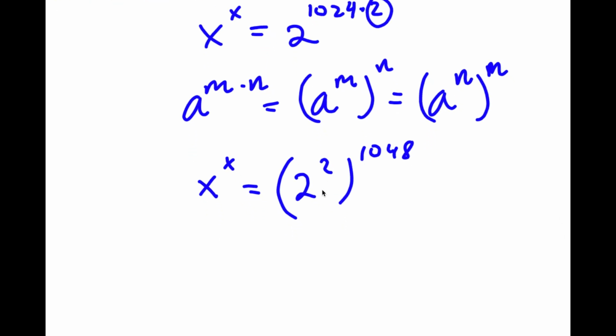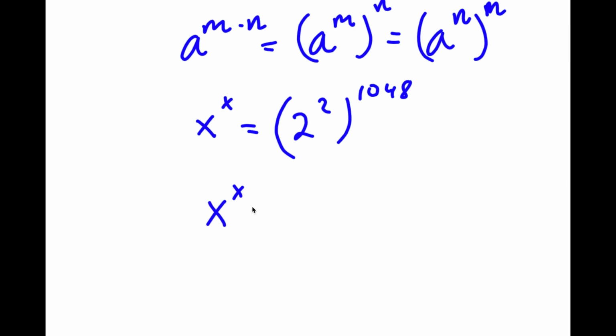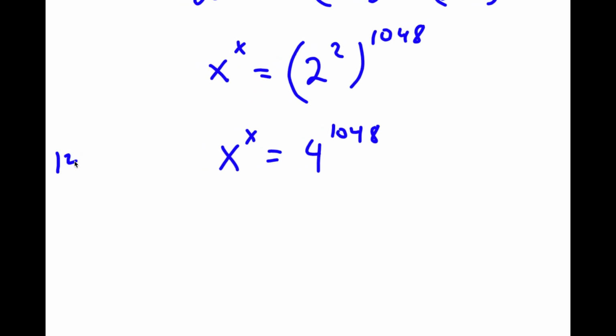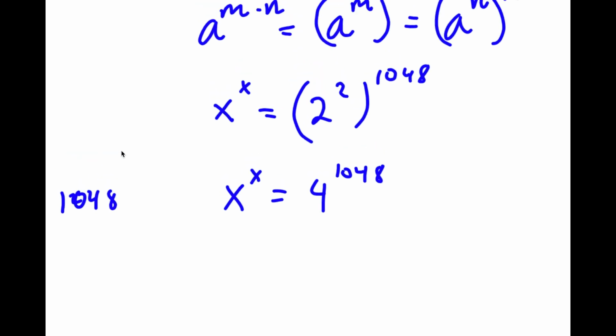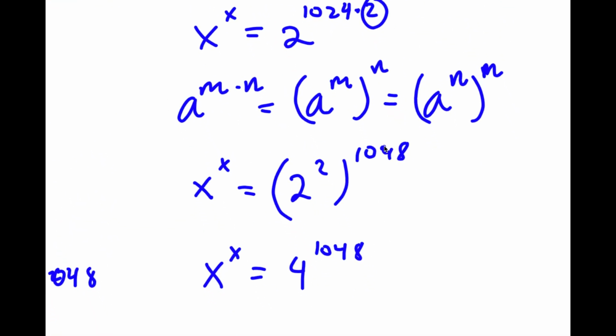Now, as you all probably know, 2 to the power of 2, that's simply equal to 4. So now I have x to the power of x is equal to 4 to the power of 1024. And now I'm going to repeat the same thing again. So again, 4 to the power of 1024.